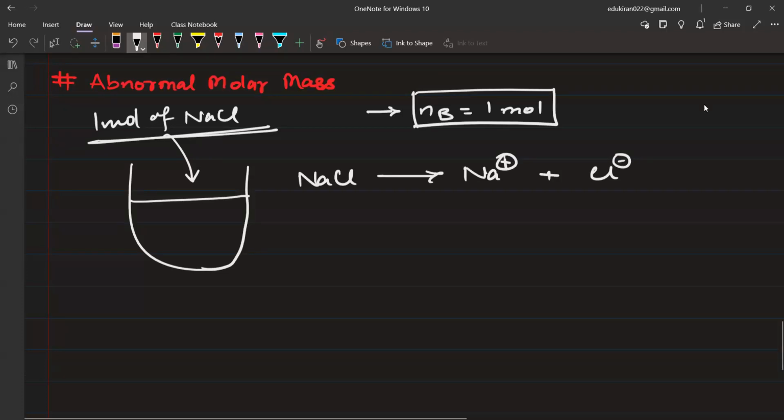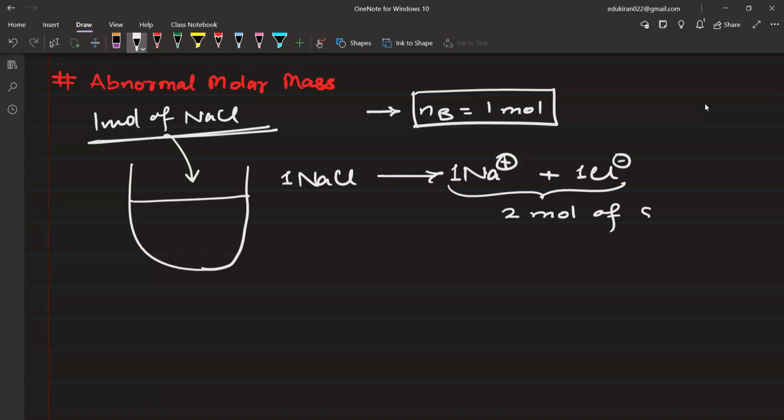So we are thinking that we have added 1 mole of solute particles, but the solution experiences: if I have 1 mole of NaCl, I will get 1 mole of Na positive, 1 mole of Cl negative. So basically, the solution is experiencing 2 moles of solute in whatever amount of water is present.